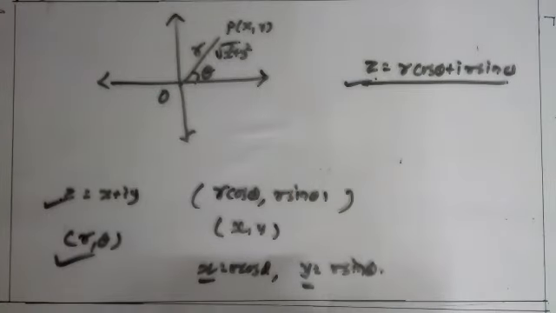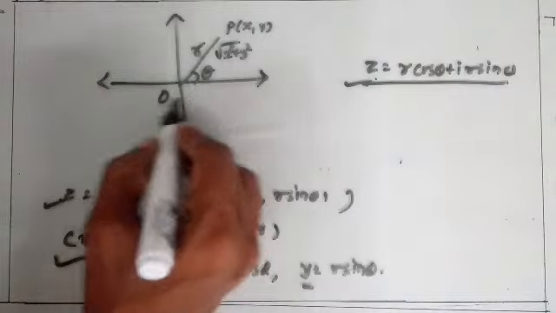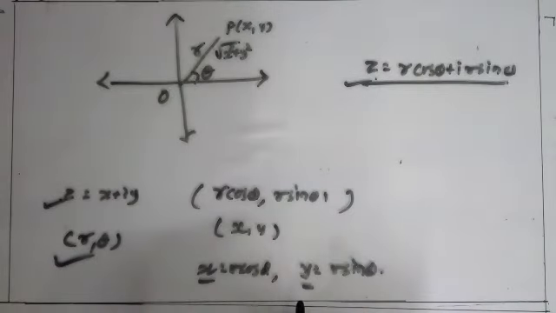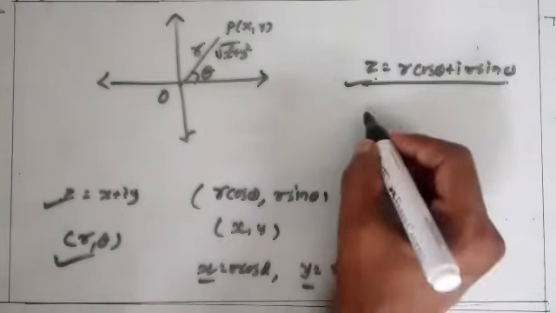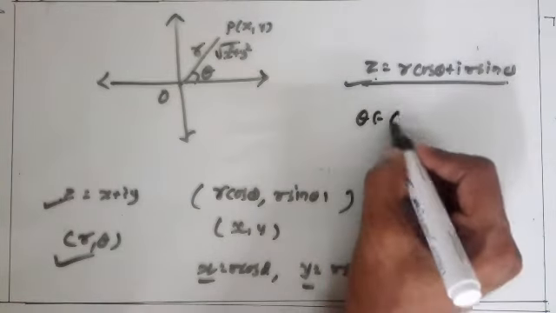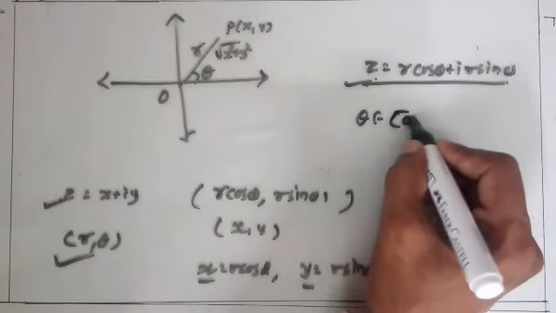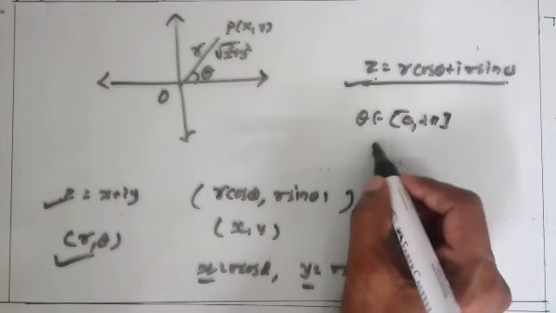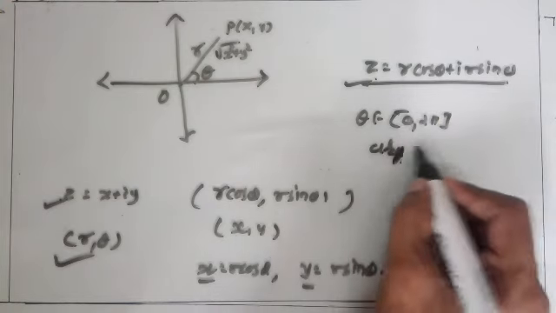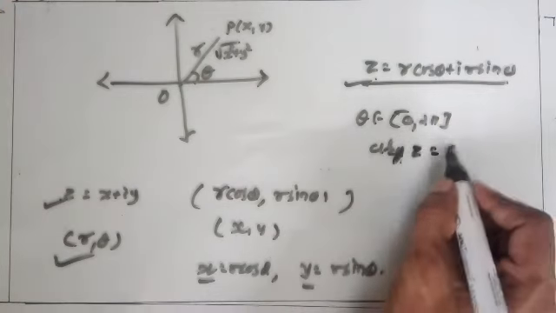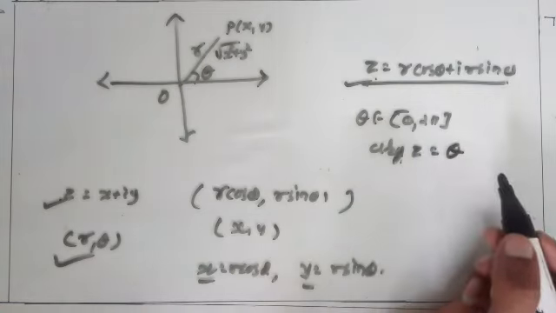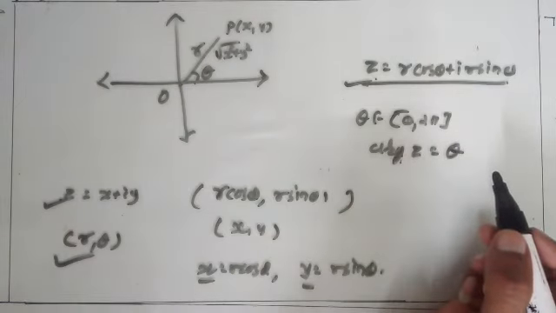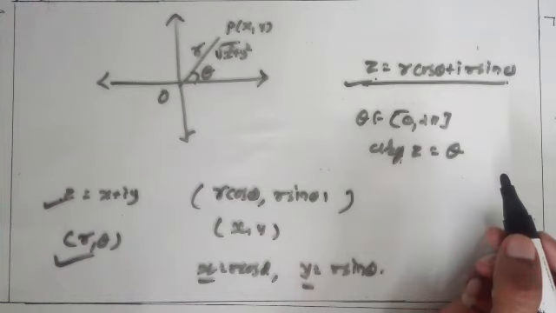Here theta belongs to R. Then theta is called the argument of z. Here in this case we take theta belongs to [0, 2 pi]. Clear? So if theta belongs to the closed interval 0 to 2 pi, then theta is called the argument of z, or the amplitude of the given complex number.